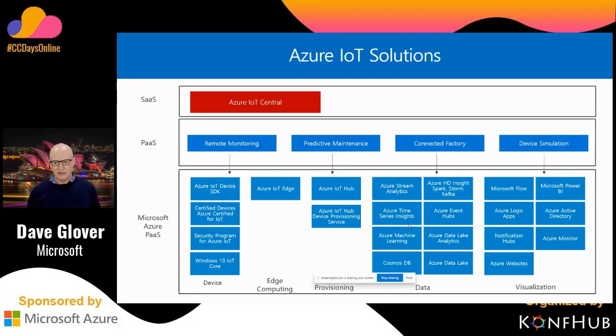I'll show you a bit of that as we go, but it's basically a way in which you can drill into the data. So Azure IoT Central is an application that we have built that lives on Azure services: IoT Hub, Device Provisioning Service, and Time Series Insights.